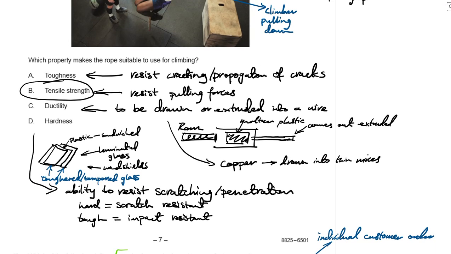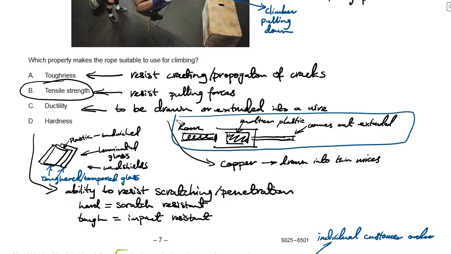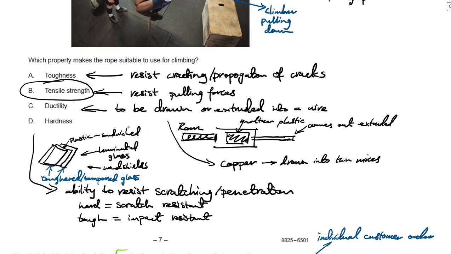And now ductility is our ability to be drawn or extruded into a wire, right? And I talked about plastic. The main thing with ductility is about metals, and usually we talk about copper being able to be drawn into very thin wires, which is why we use it for our electrical work.